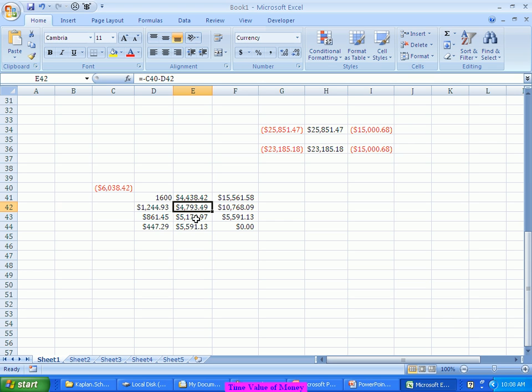Same way you will say PV at the end of 11 years. Right? You can find out the PV at the end of 10 years, PV at the end of 11 years. The difference between the two is the principal which you have repaid between the 10th year and the 11th year.